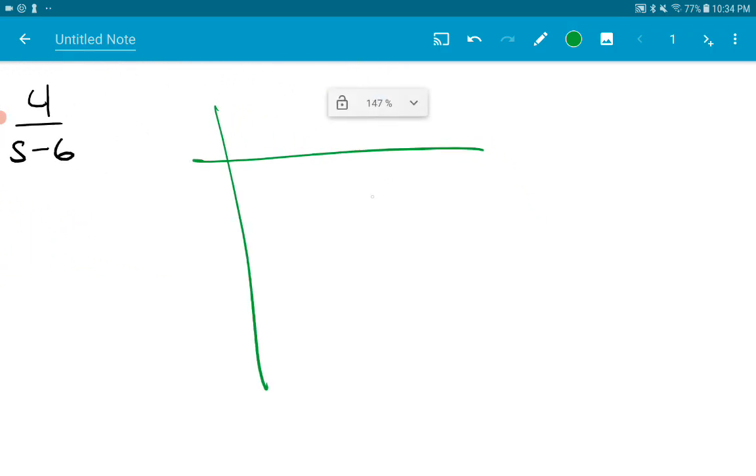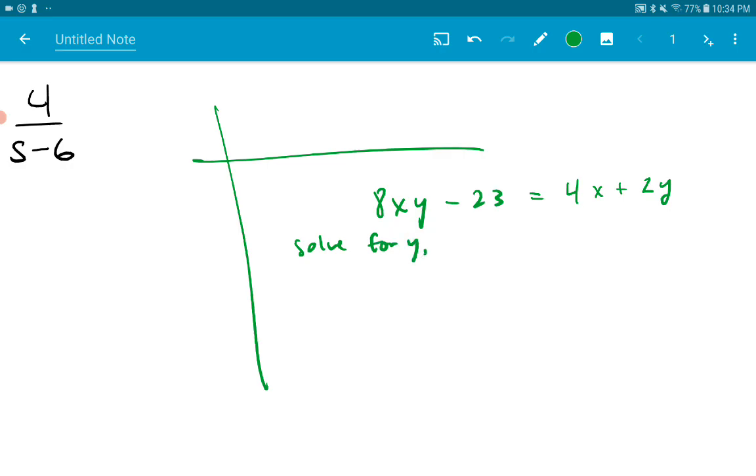Suppose we had 8xy minus 23 equals 4x plus 2y, and I said solve for y. Well, there's two steps. First of all, you have to get all the y's together.